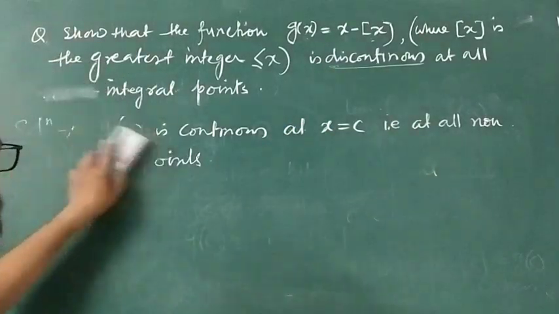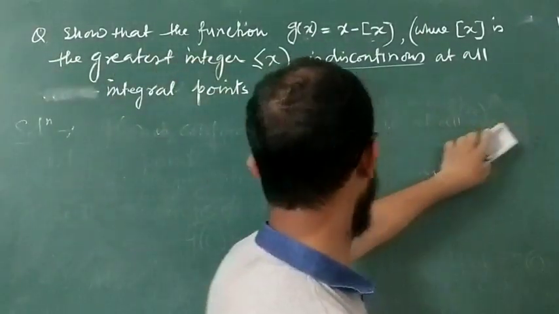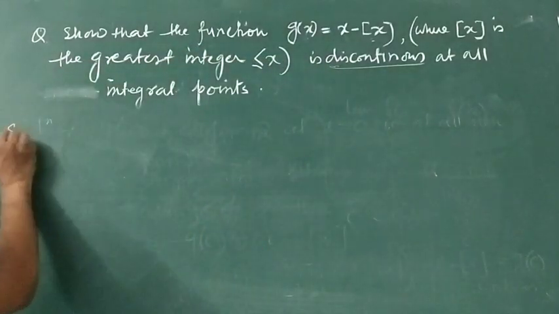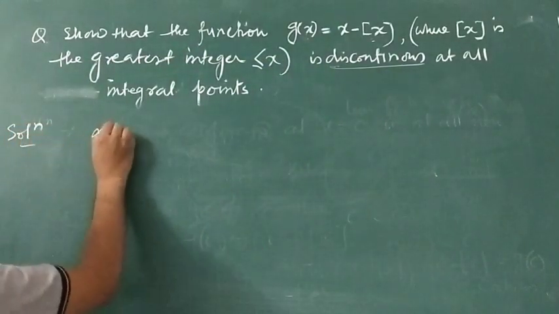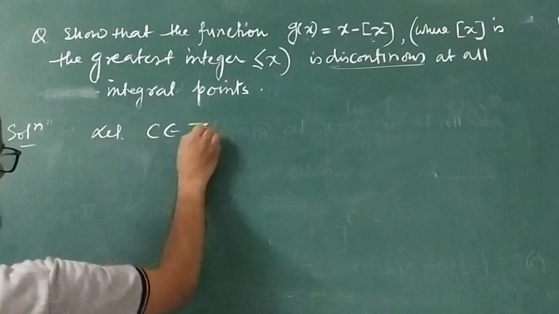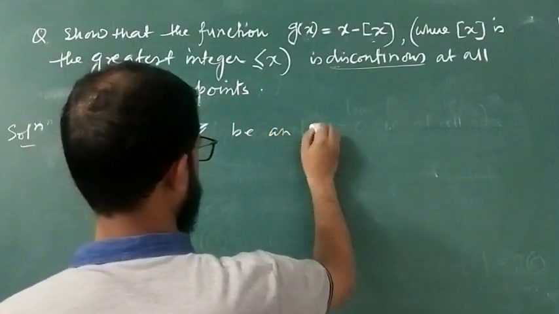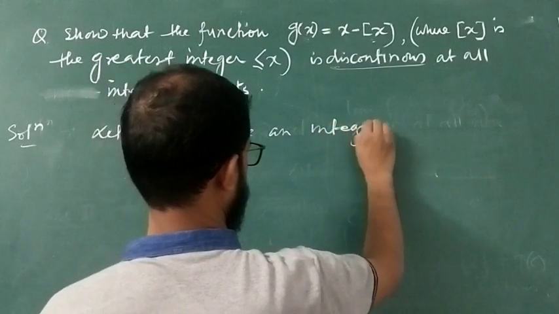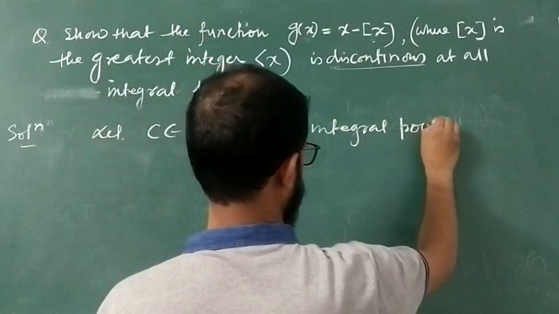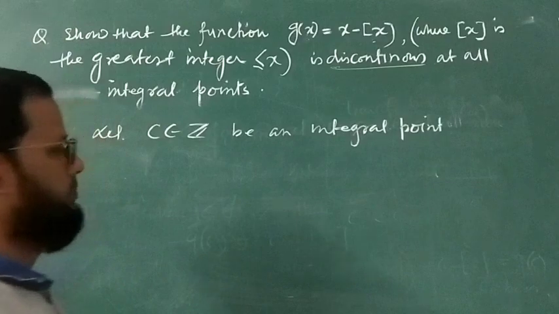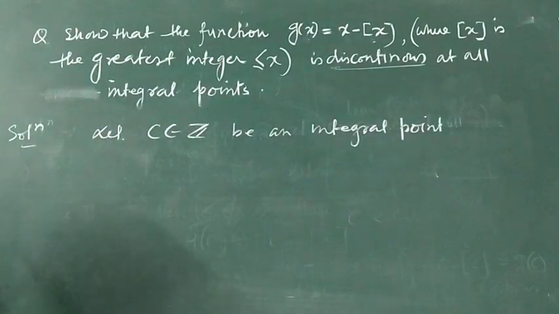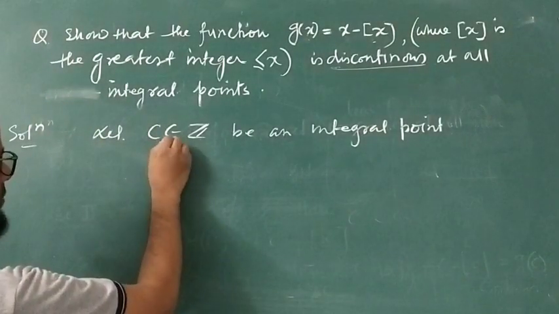Let us take a particular integral number. Let C belong to Z be an integral point. So C can be 0, 1, 2, anything.